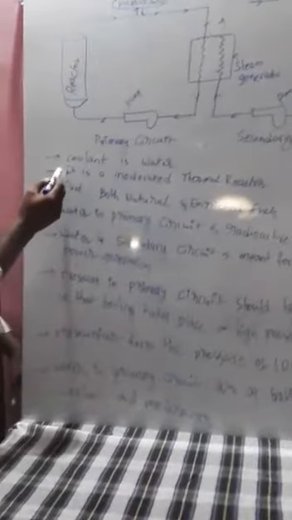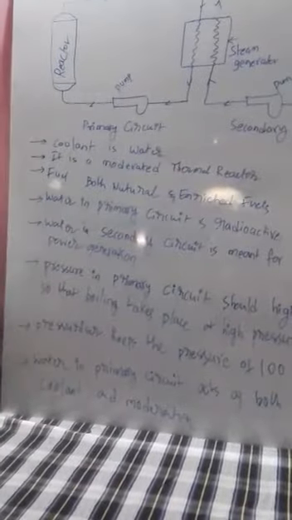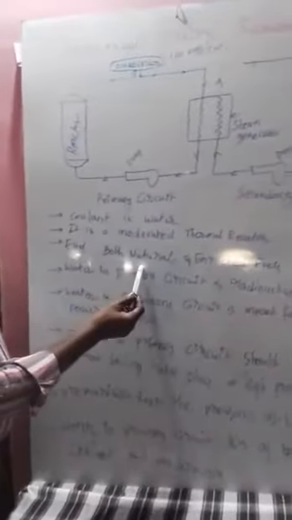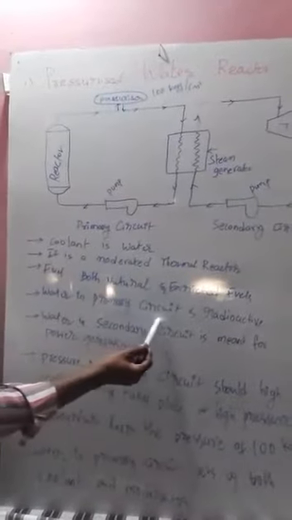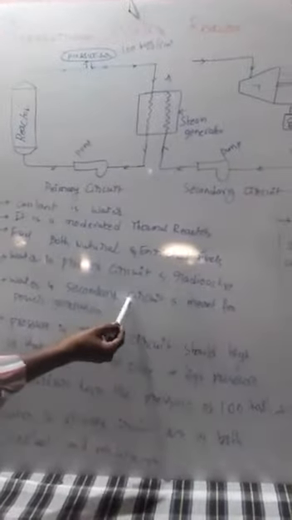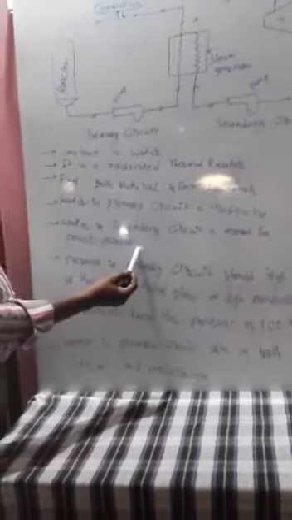Let us discuss certain points regarding this pressurized water reactor. Here the coolant is water and it is a moderated thermal reactor. What fuel is used in it? Both natural and enriched uranium fuels. Water in the primary circuit is radioactive, and water in the secondary circuit is meant for power generation by producing the steam.